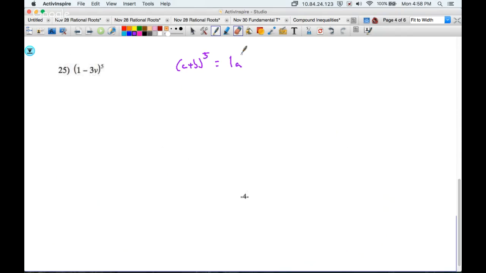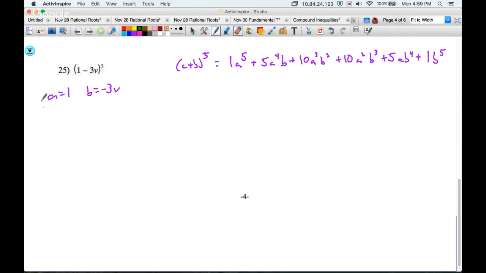So I've got 1a to the 5th plus 5a to the 4th b plus, I believe it's 10 a cubed b squared plus 10a squared b cubed plus 5a b to the 4th plus 1b to the 5th. a here is equal to 1, b is equal to -3v. Let's plug all those in.